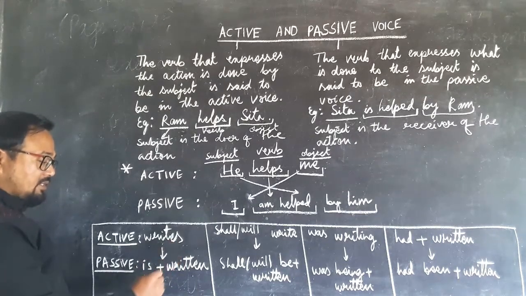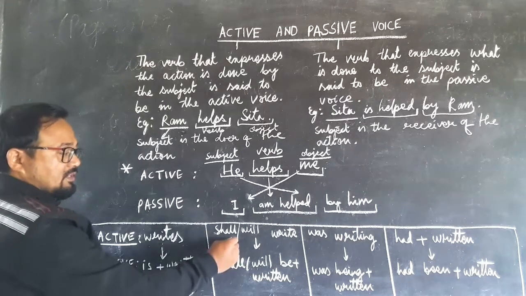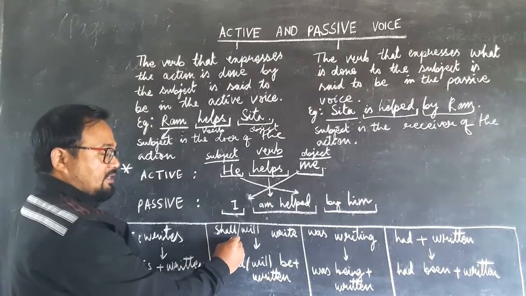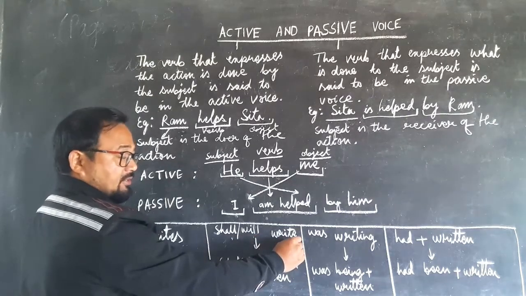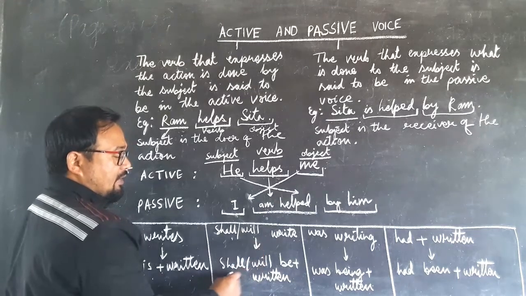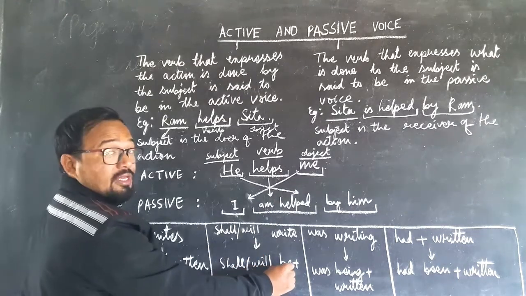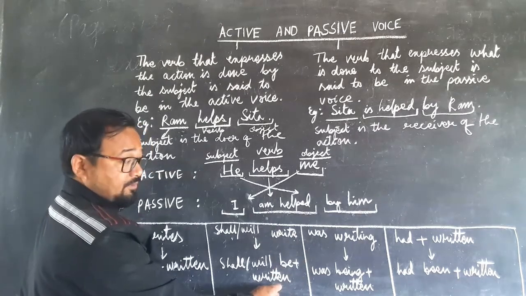So writes becomes is written. Next one, if the verb is shall, will write, shall and will remain the same, but be is added, and write becomes written.